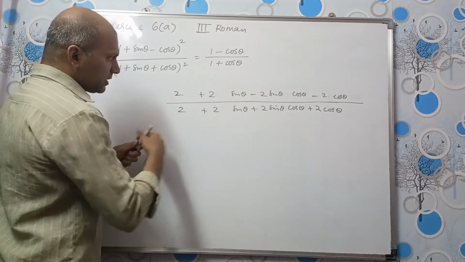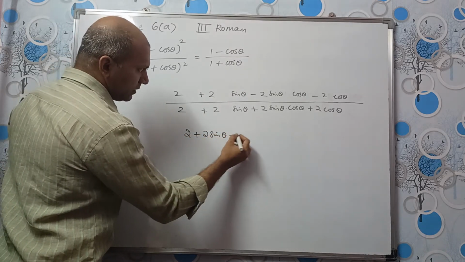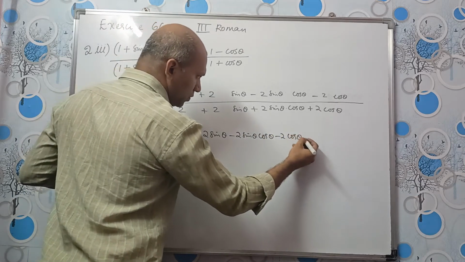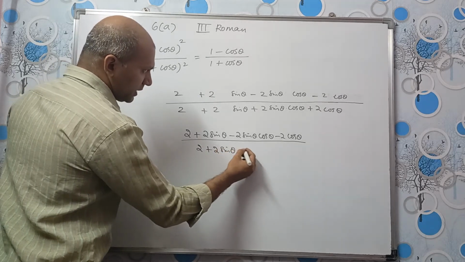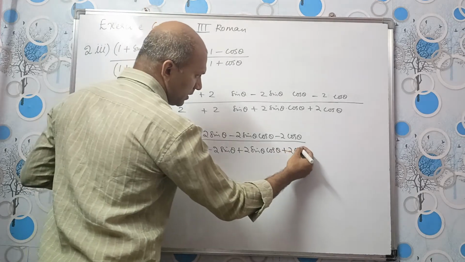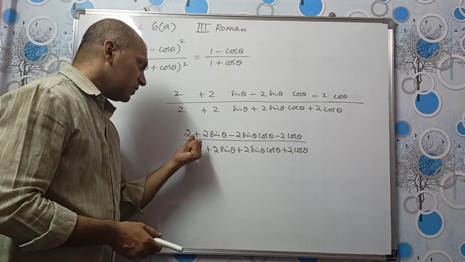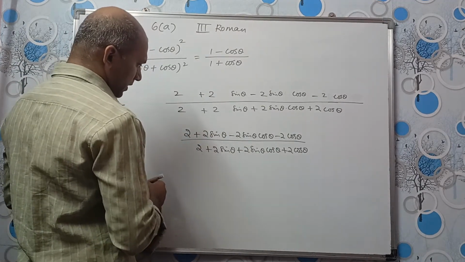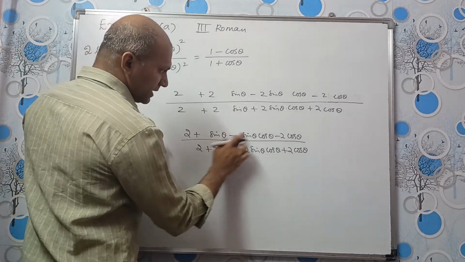Now it is 2 plus 2 sin theta minus 2 sin theta cos theta minus 2 cos theta, whole divided by 2 plus 2 sin theta plus 2 sin theta cos theta plus 2 cos theta. Okay, every term is having 2. We can take 2 outside and cancel. So if you do that, all the 2s will be cancelled, right?